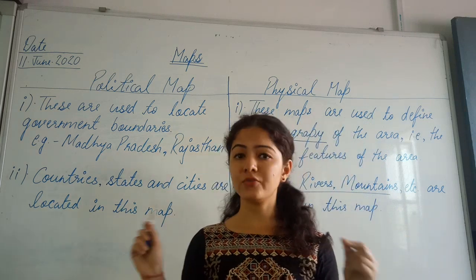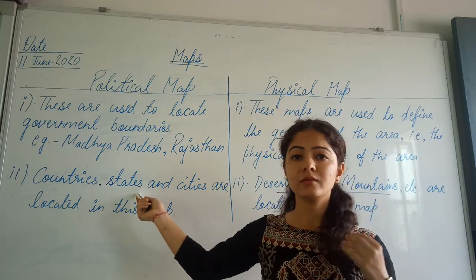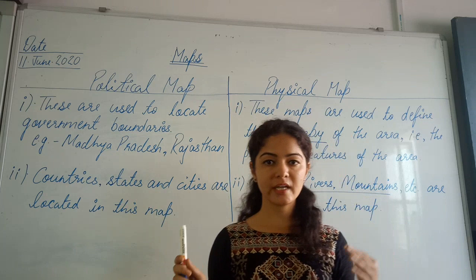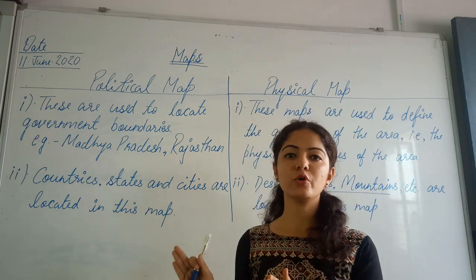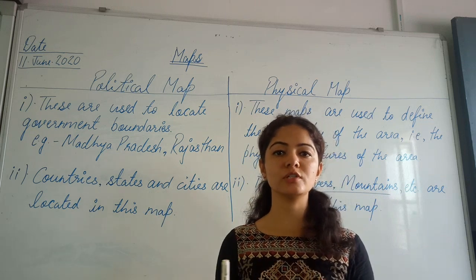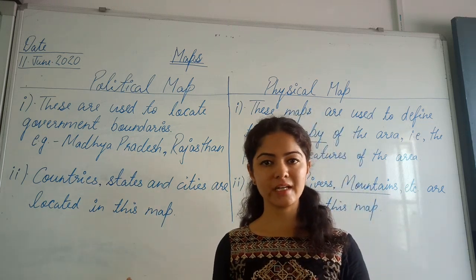For example, if I talk about India, there are many states in India. How are you going to locate those states in the political map of India? By using the different types of boundaries, and those boundaries have already been made in that political map of India.